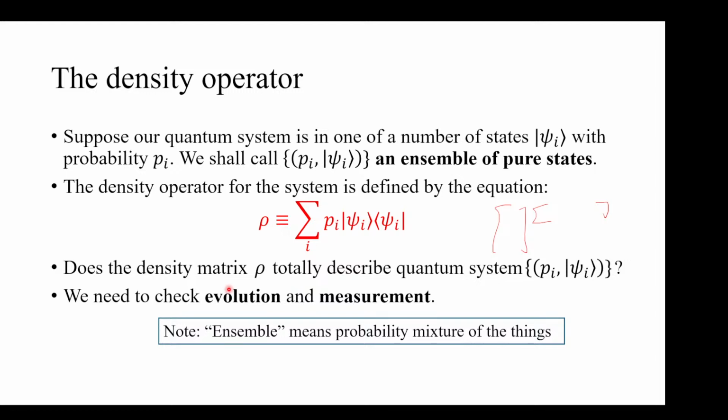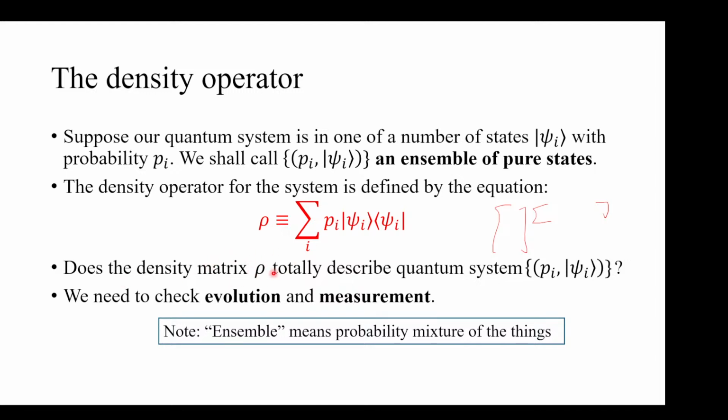We are going to show that the density matrix totally describes our quantum system. Whatever things you can do on this ensemble of psi is determined only by this density matrix rho. Let's skip ahead a little bit. In particular, this rho actually has a little less information than the ensemble, because it's possible that different ensembles of psi give you the same density matrix.